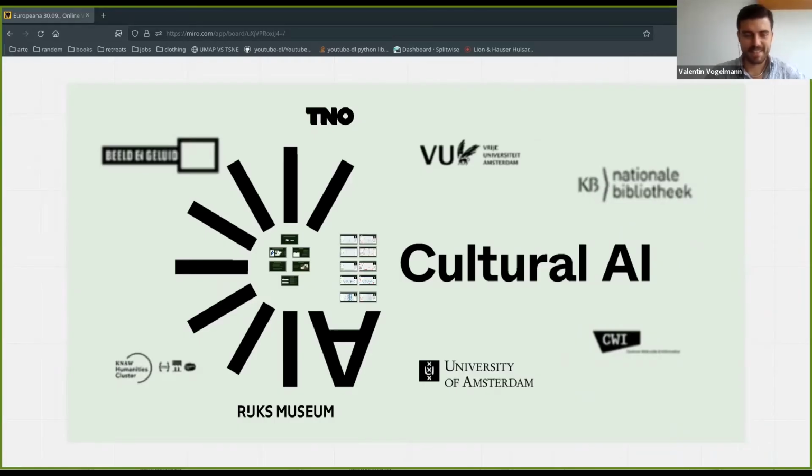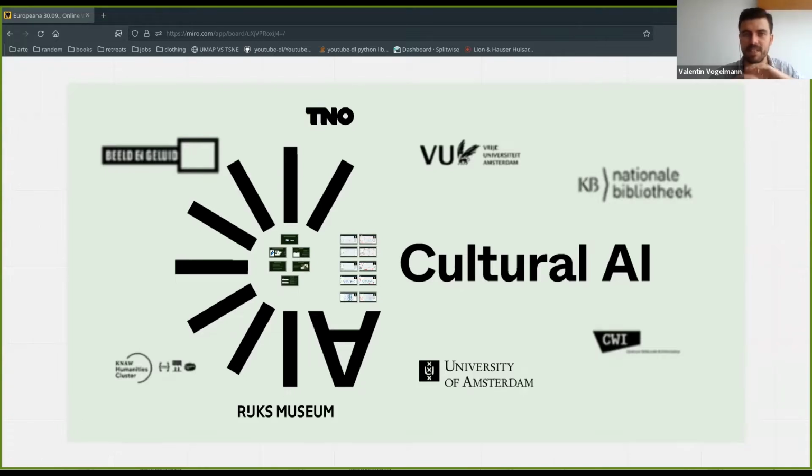Marieke and I are both part of the DH Lab of the Humanities Cluster in Amsterdam, but we're also part of the Cultural AI Lab, of which you see the logo here.